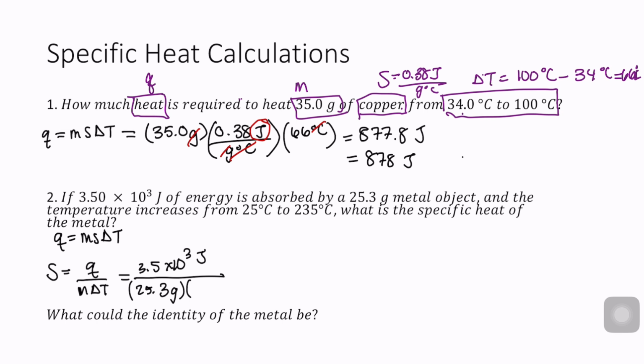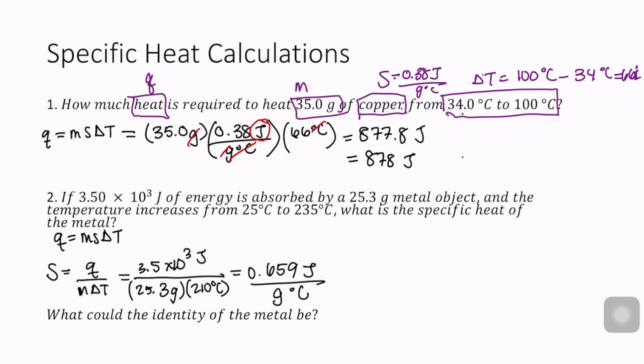And then I can multiply it by my delta T. So my delta T is going to be 235 minus 25, which will give us 210 degrees Celsius. Now, when we plug that into our calculator, I get 0.659 joules per gram degrees Celsius.